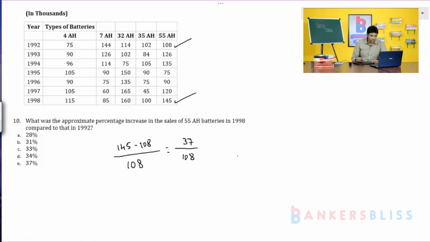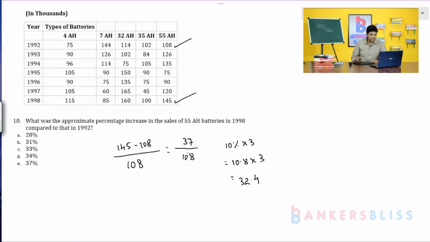30% means 10% into 3, which is equal to 10.8 into 3. 8 3s are 24, 2 carry over, 10 3s are 30 plus 2, 32. So you got 32.4, but how much should we get? 37, which means more than 30%.